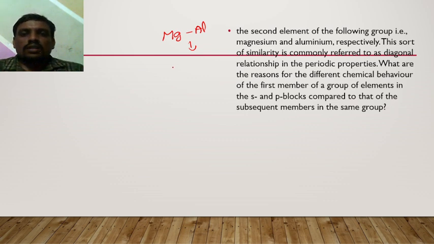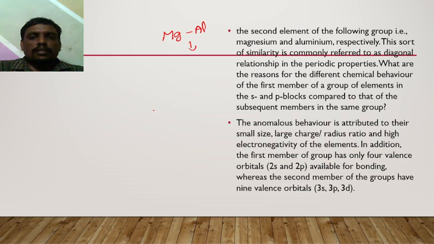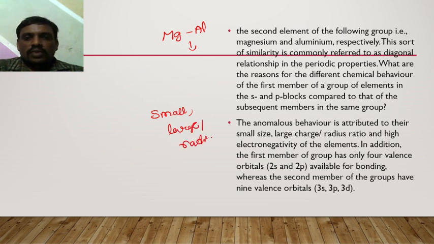So what are the reasons for the different chemical behavior of the first member of a group in the s and p blocks? The anomalous behavior is attributed to their small size, large charge to radius ratio and high electronegativity of the elements.